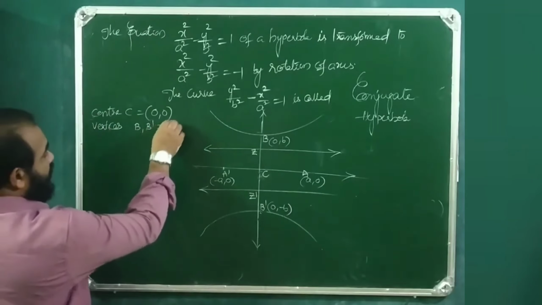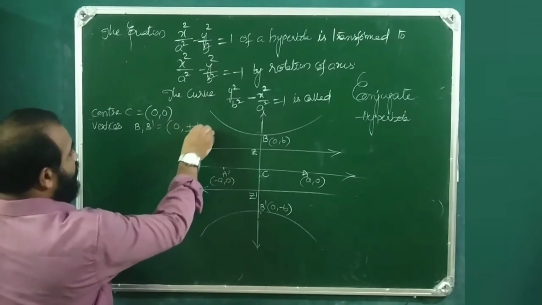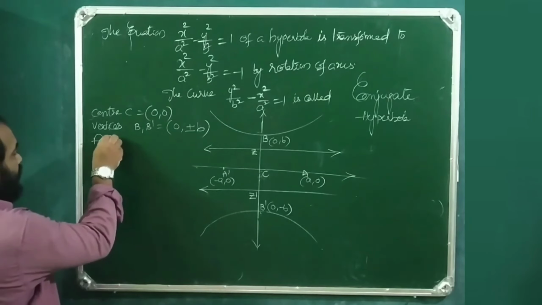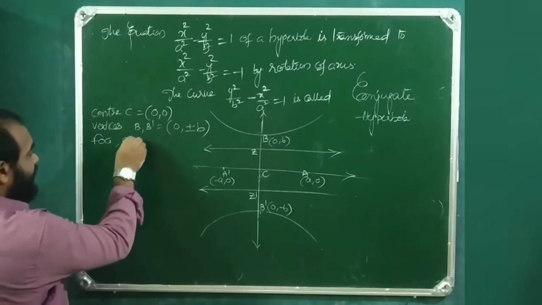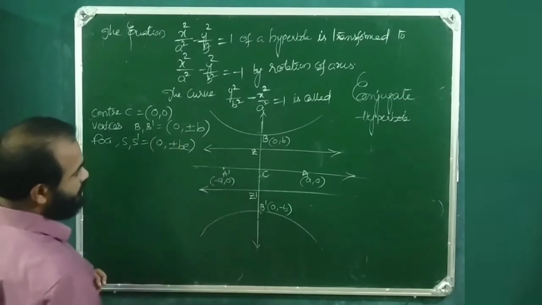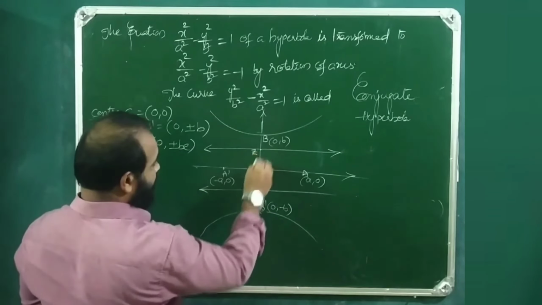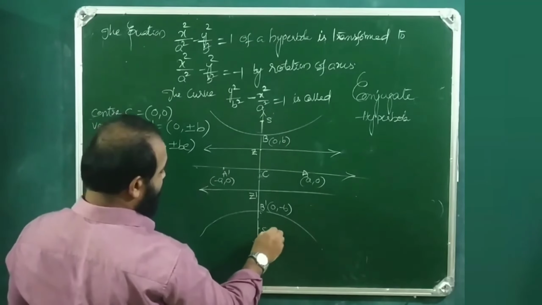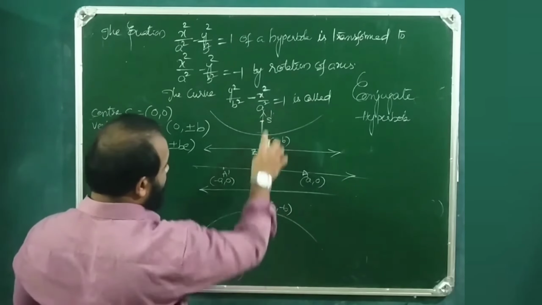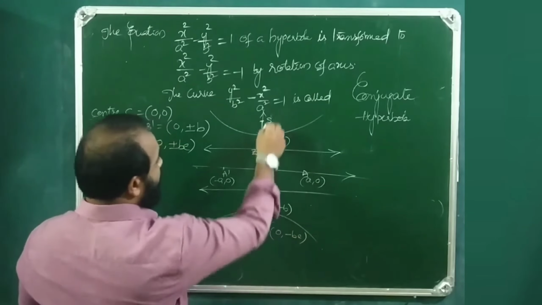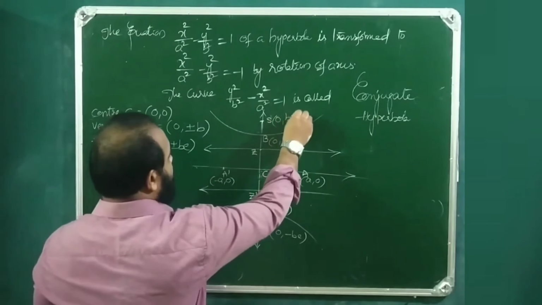So the vertices are (0, plus or minus b). The foci S and S dash are (0, plus or minus be). This is S and this is S dash. This is (0, minus be) and this is (0, be).